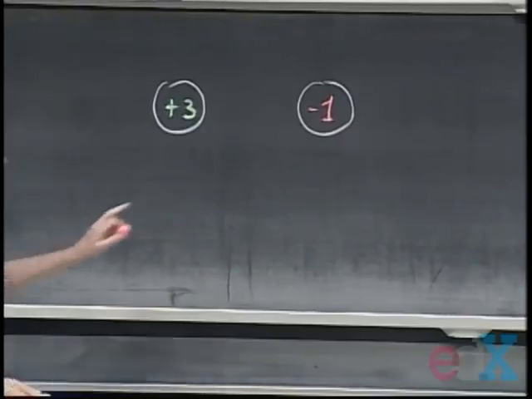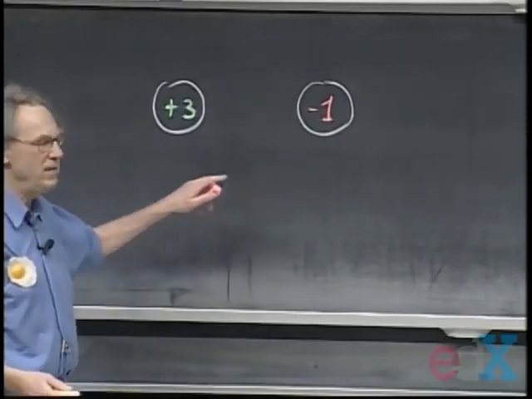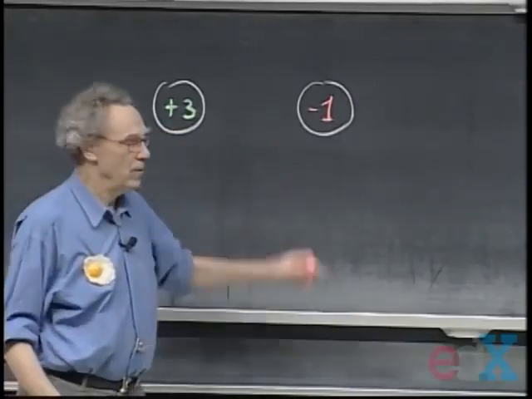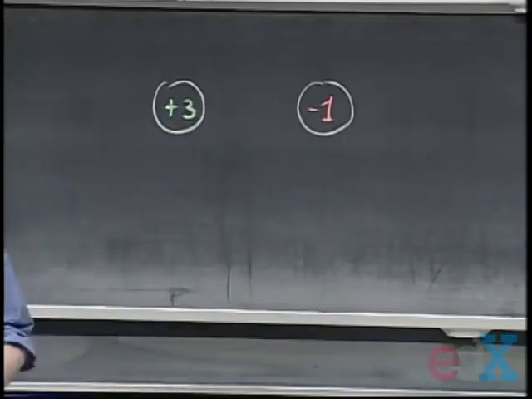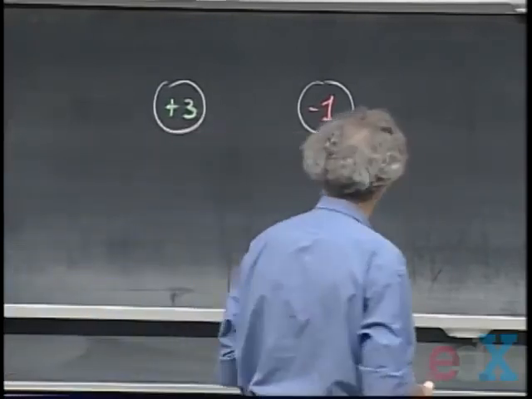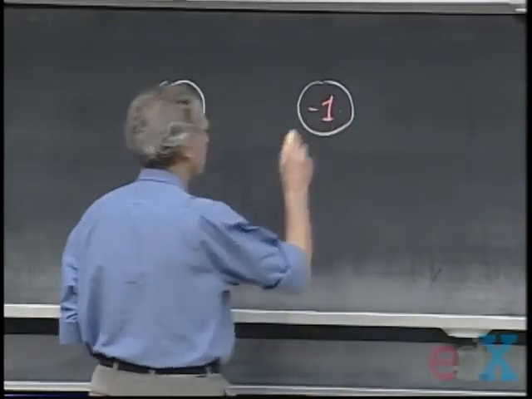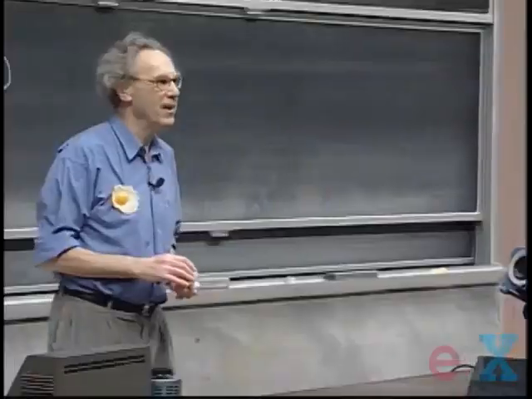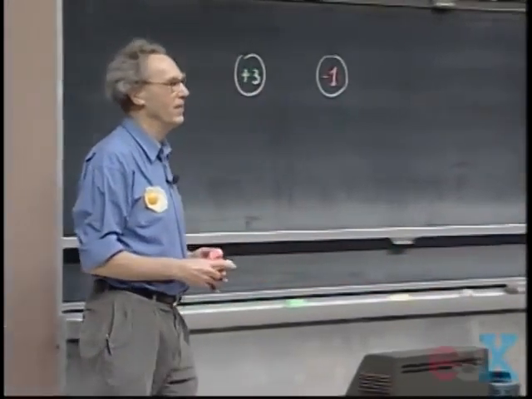So you can go to any particular point, you get an E vector which is going away from the plus 3, you get one that goes to minus 1, and you have to vectorially add the two. If you're very close to minus 1, it's very clear because of the inverse R square relationship that the minus 1 is probably going to win.